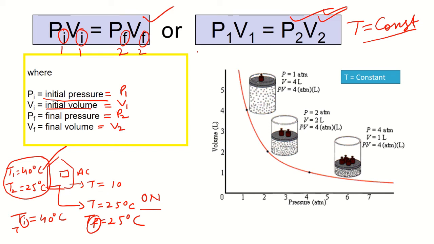This way also we can write it, and you have to use the standard units. Now Boyle's law says if you multiply the pressure and the volume, this is always constant. This comes from this rule, but with the condition that the temperature is constant.